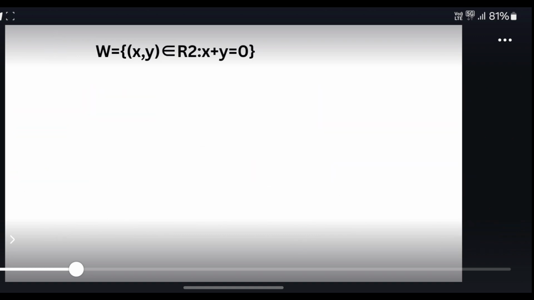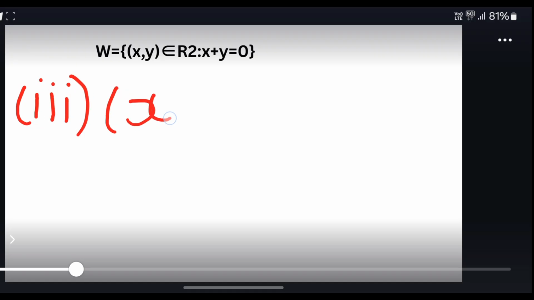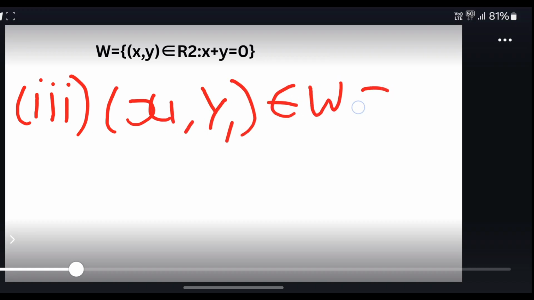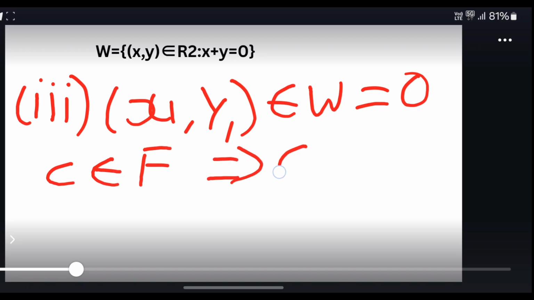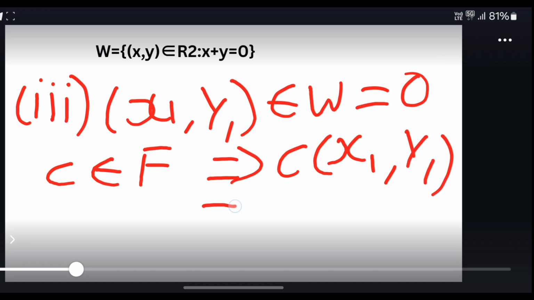What about the third one? Closed under scalar multiplication. Suppose (x1, y1) belongs to W, that is equal to 0, and c belongs to field F. This implies the scalar multiplication is c into (x1, y1). So c into (x1, y1) means (c x1, c y1).